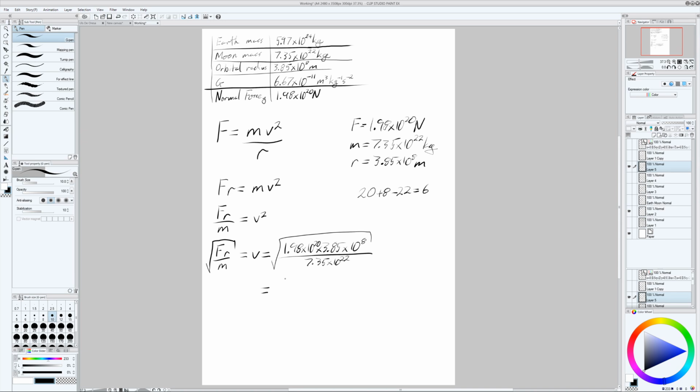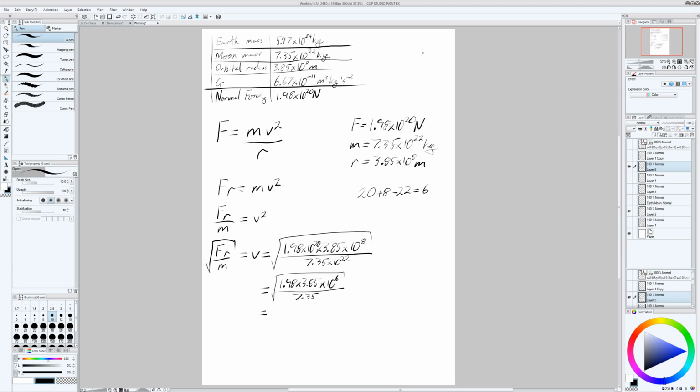So it ends up being 1.98 times 3.85 times 10 to the 6 all over 7.35, all square rooted.